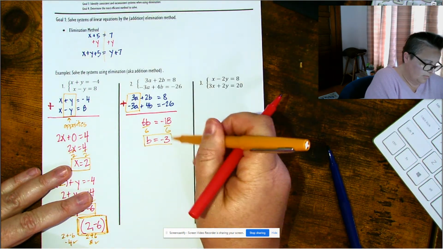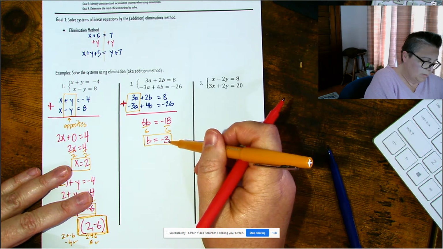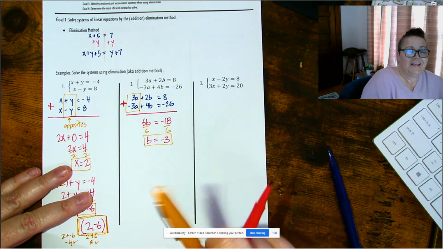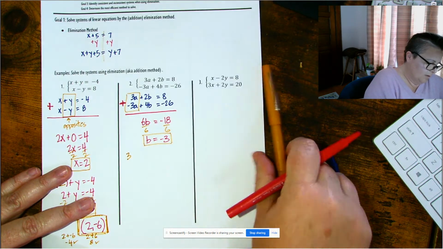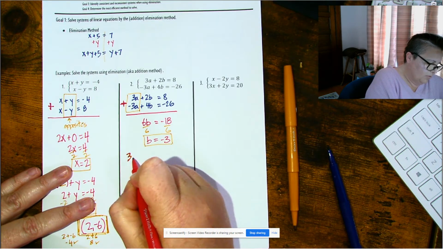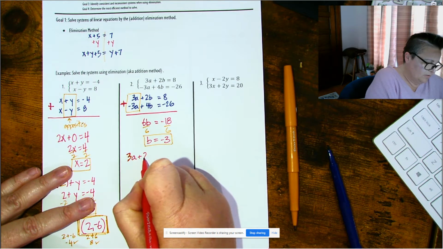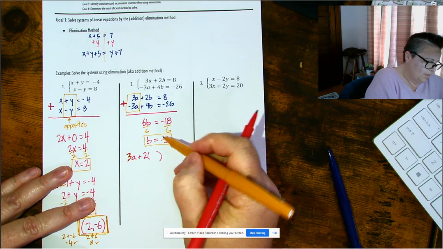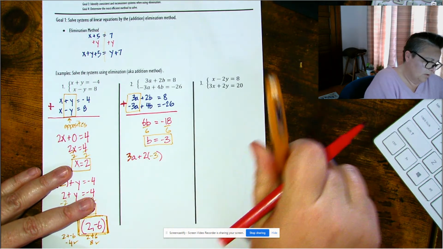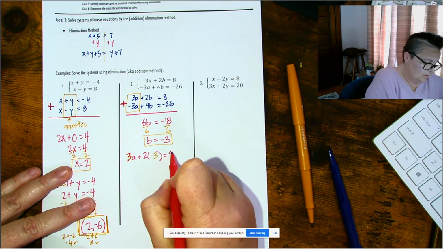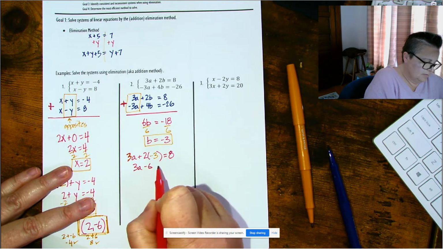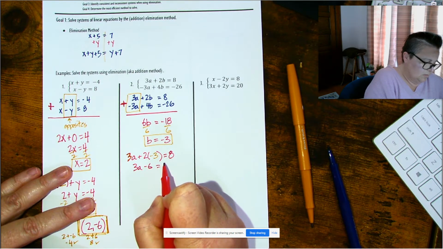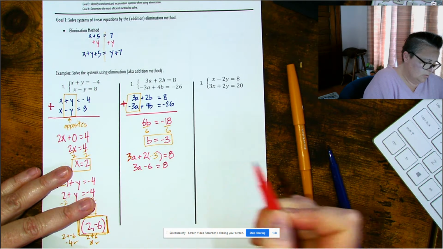To find the other variable, I want to put that value of b into either equation. It won't matter which one. I'm going to do the first one again. So I have 3a plus 2 times, I'm going to put that b in, negative 3 is equal to 8. 3a minus 6 is equal to 8.